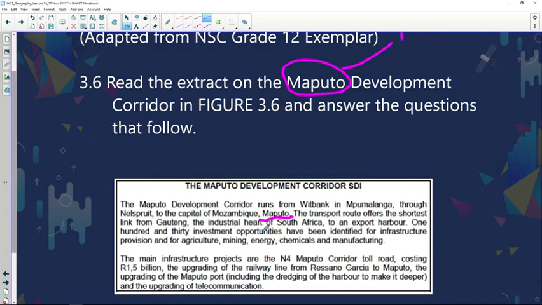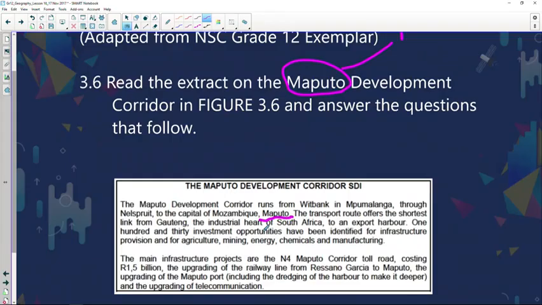Now, when we look at the economic South Africa, we've noticed that our biggest economic hub in South Africa is the PWV. It stands for Pretoria Witwatersrand Vereeniging. Most of our industries are over there. And it's a link directly from there to Nelspruit, Witbank, and Maputo is the capital of Mozambique.